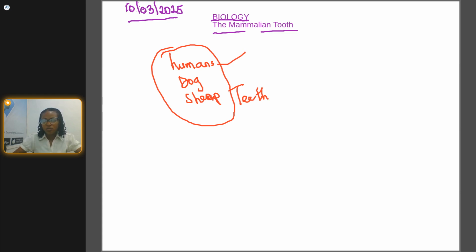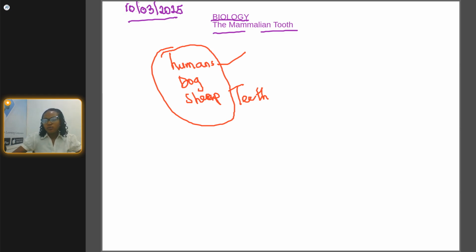We want to look at the different types of teeth, what our teeth are composed of, and both the external and internal structure of our teeth.